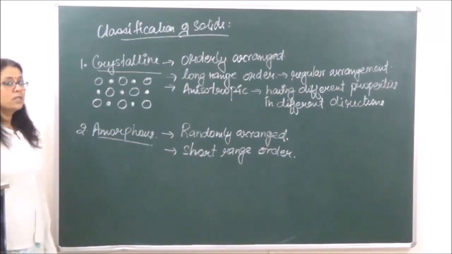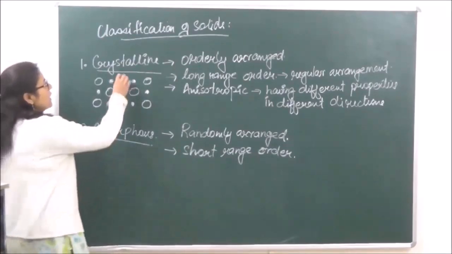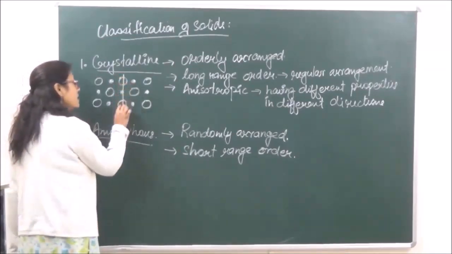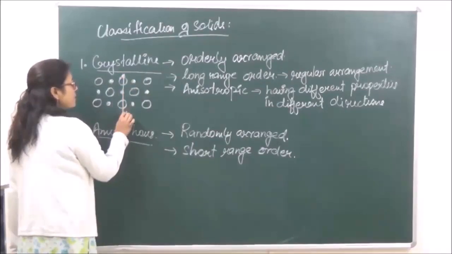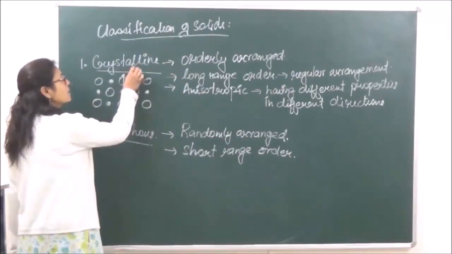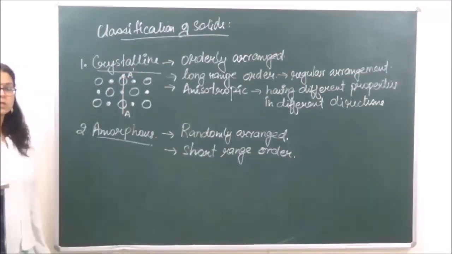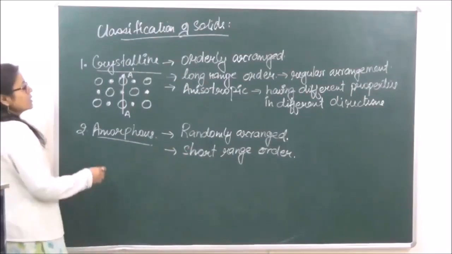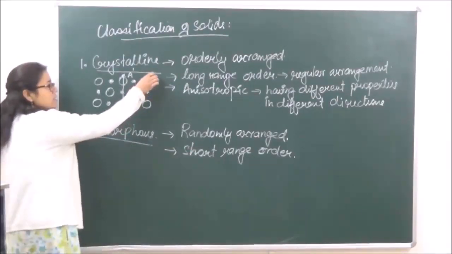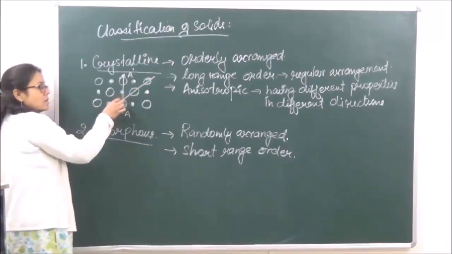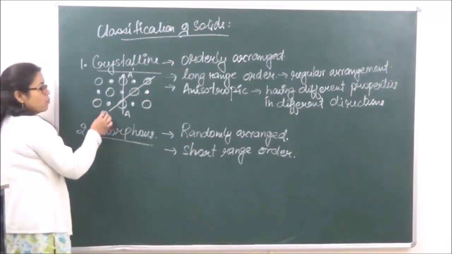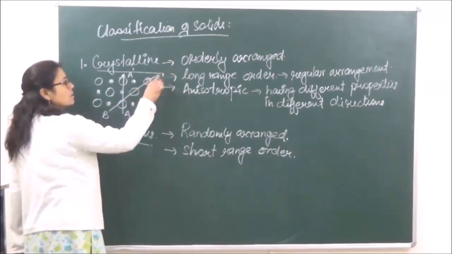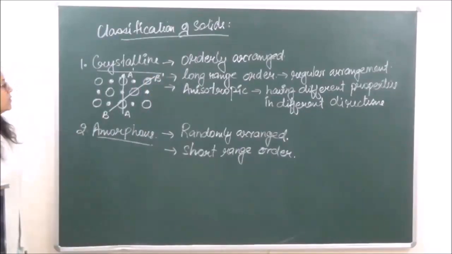Now we are going to see two different directions. One direction, let's say, is this, when we are going from A to A dash, okay, and the second direction is this, when we are moving from B to B dash.